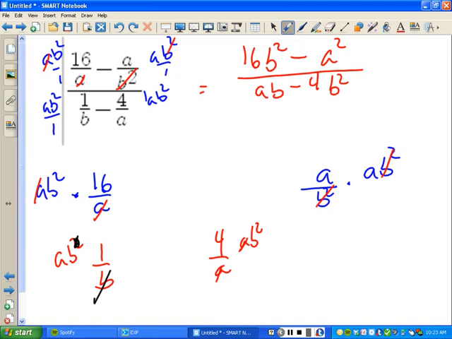Okay. All right. Now, can we factor this? Can we factor? 4b plus a, 4b minus a, over, what's common?